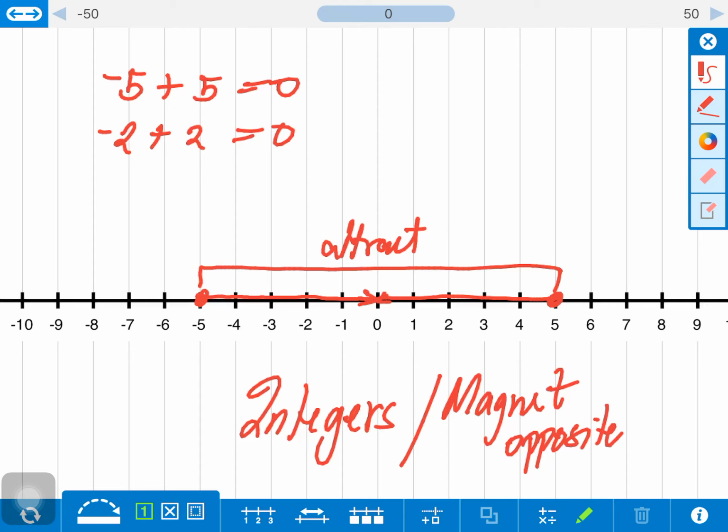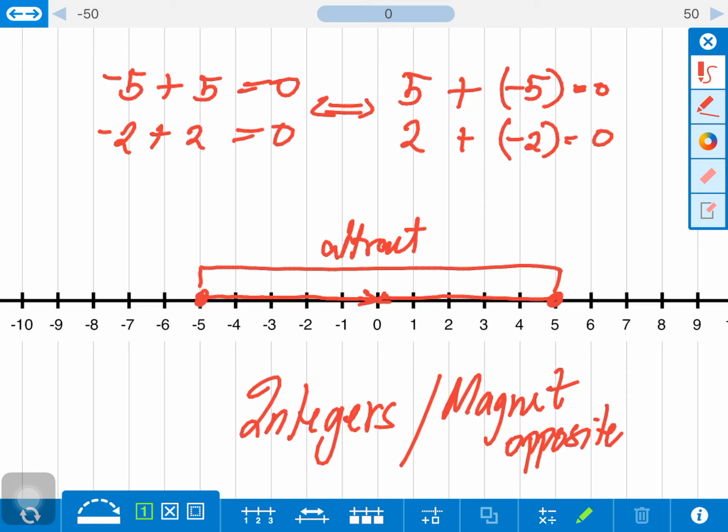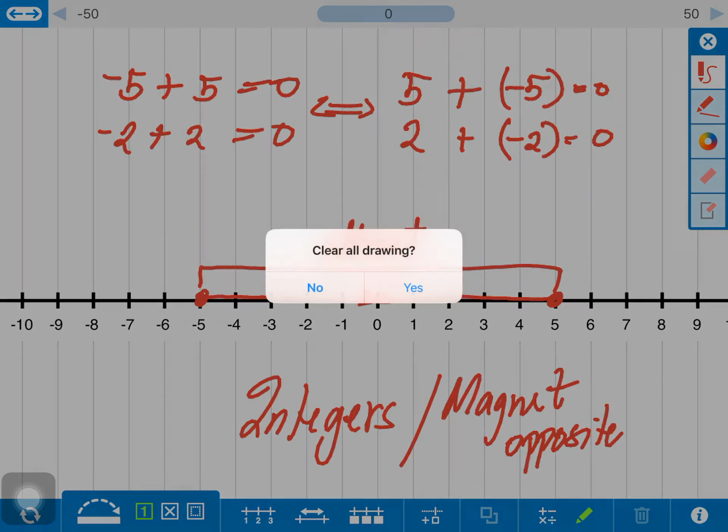Or even if you say 5 plus negative 5, still the answer is 0, which is the identity element of addition. Or if you have 2 plus negative 2, our answer is still 0. These equations are just the same by virtue of the commutative property of addition.